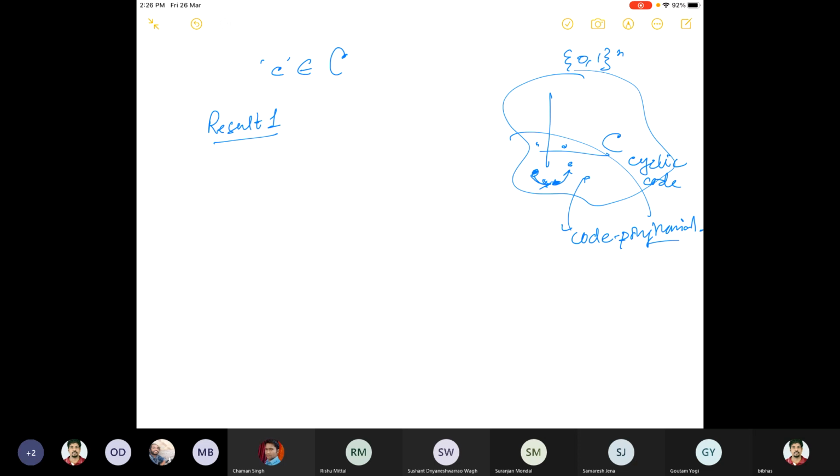So we know what a subspace is, but we are looking at an additional structure defined by this cyclic shifting. The question is how these code polynomials are related or connected to each other.